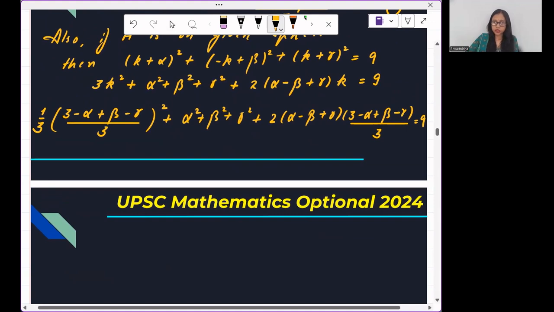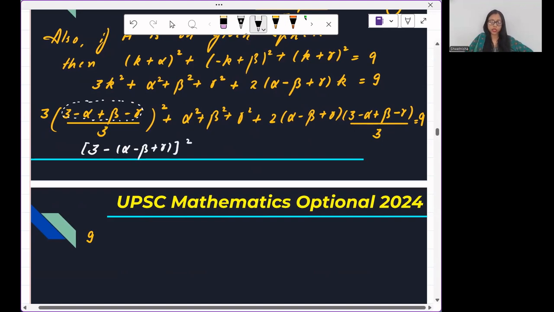Okay, I have taken 9 here. Just a second. Let me take the 9 here only, and let me just take this as 3. So it would be 9, because if I consider this as (3 minus alpha minus beta plus gamma) whole square, 3 by 9.